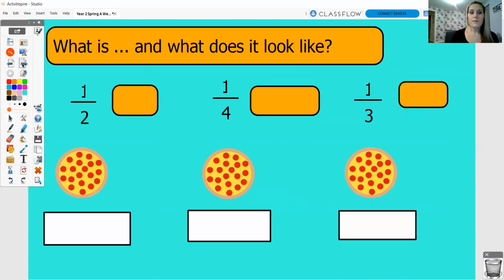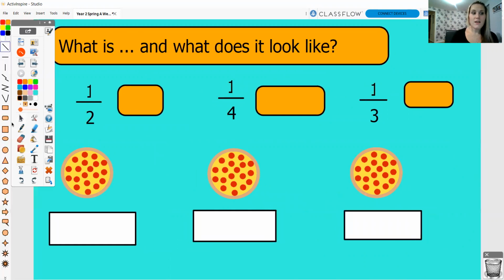So when we look at fractions, we have halves. That's just like cutting a pizza in half. Half for you, half for me. When we're finding half of a number, we can do that by halving a bar and sharing out equally across both sides.